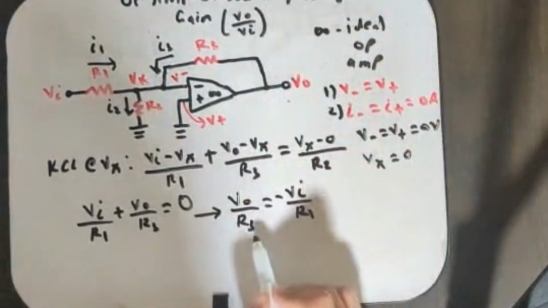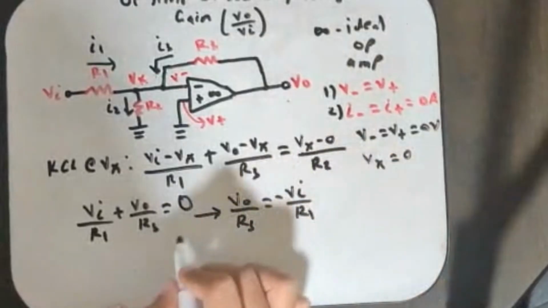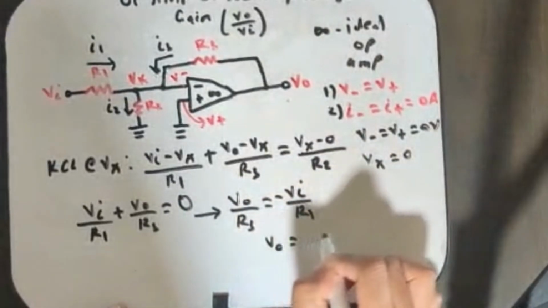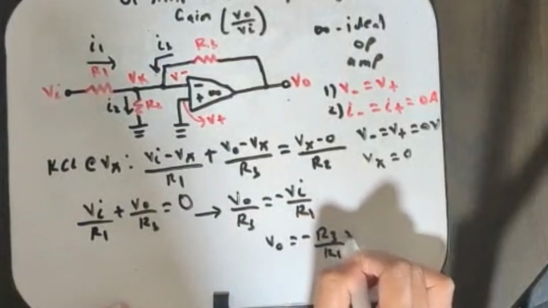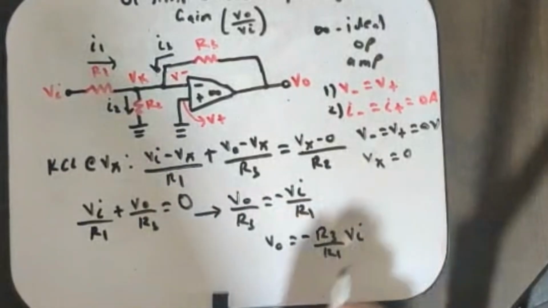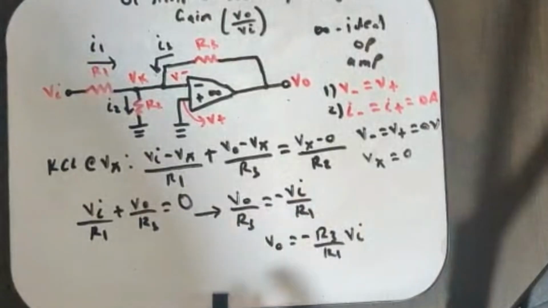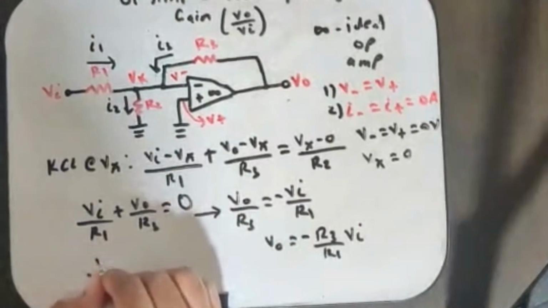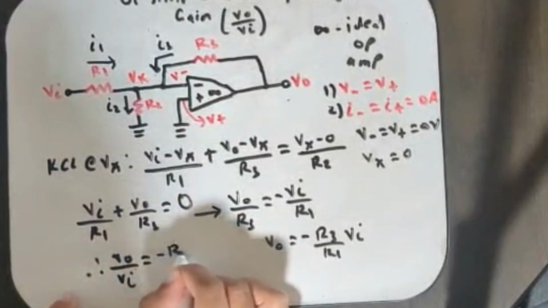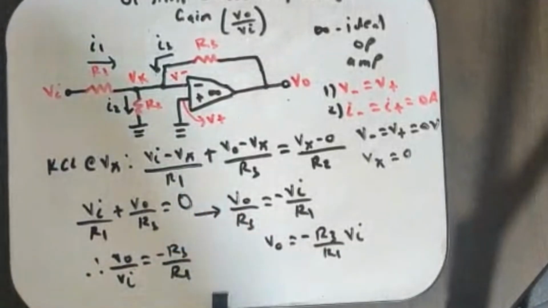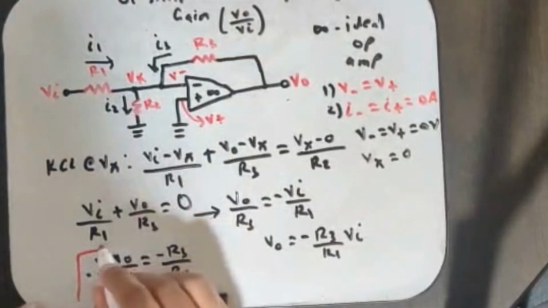So I take R3 to the other side and multiply, and we get VO equal to negative R3 over R1 times VI. Now we take VI to the other side, and therefore VO over VI is equal to negative R3 over R1. So that is the closed loop voltage gain for this op amp configuration: negative R3 over R1.